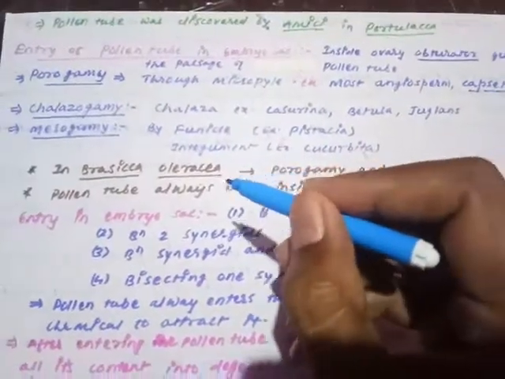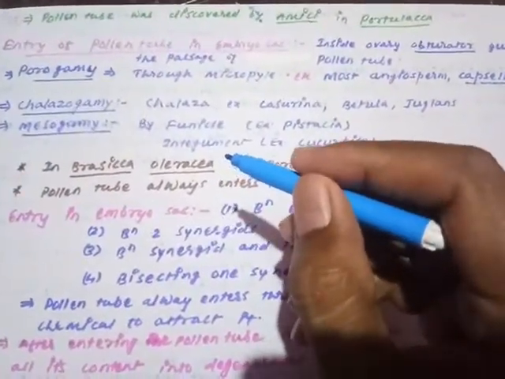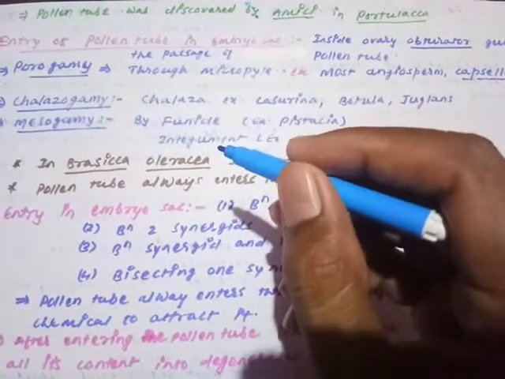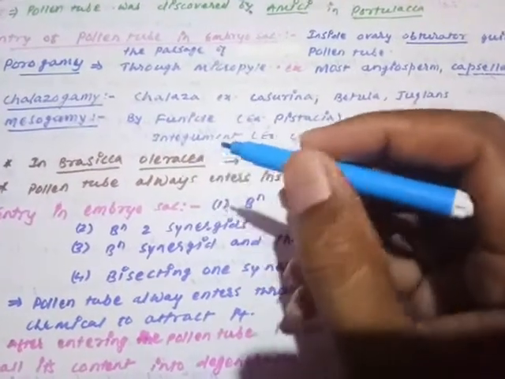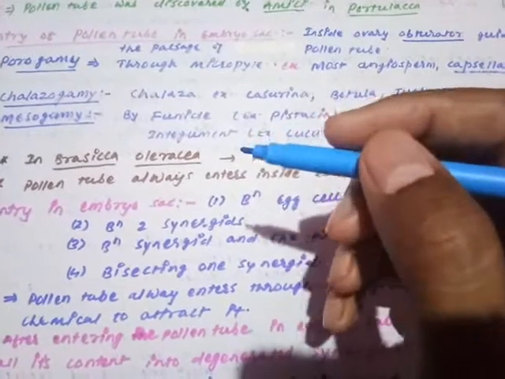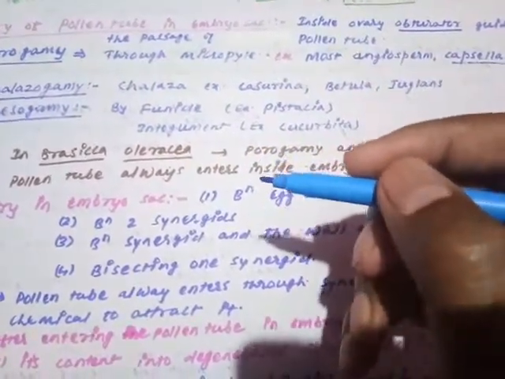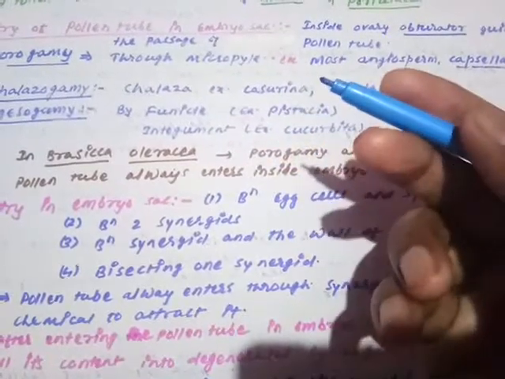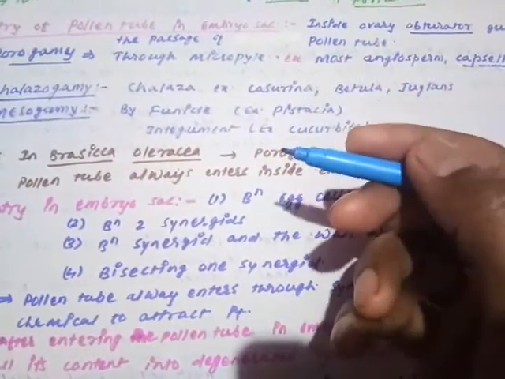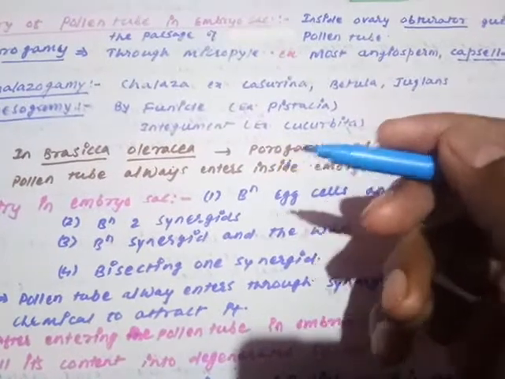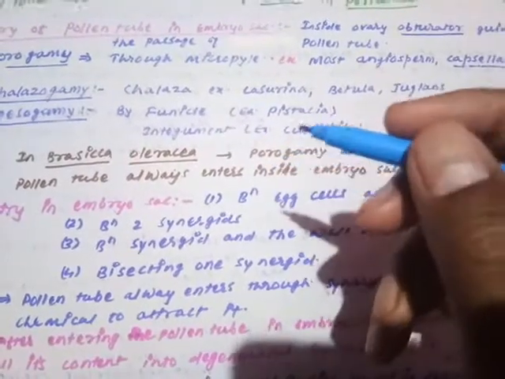Third one, mesogamy. The third way for the pollen tube to enter the ovule is mesogamy, when the pollen tube takes some alternative way other than the chalaza and the micropyle. Two alternative ways are there. Either the pollen tube may enter with the help of the funicle, or with the help of the integument. Are you getting my point?